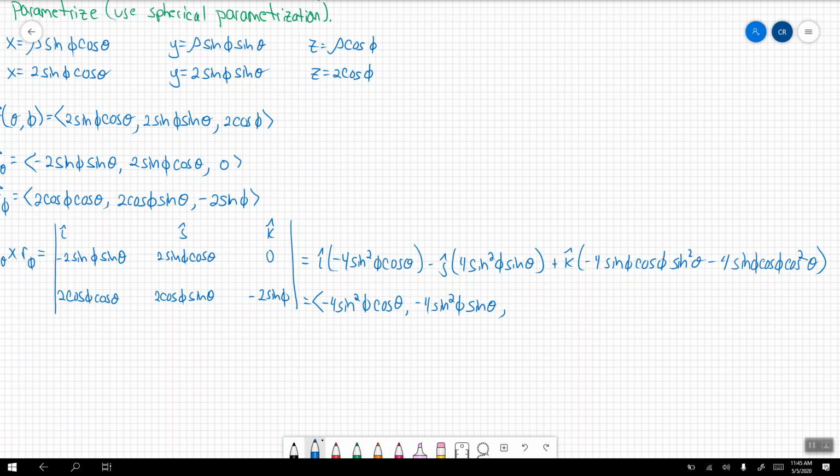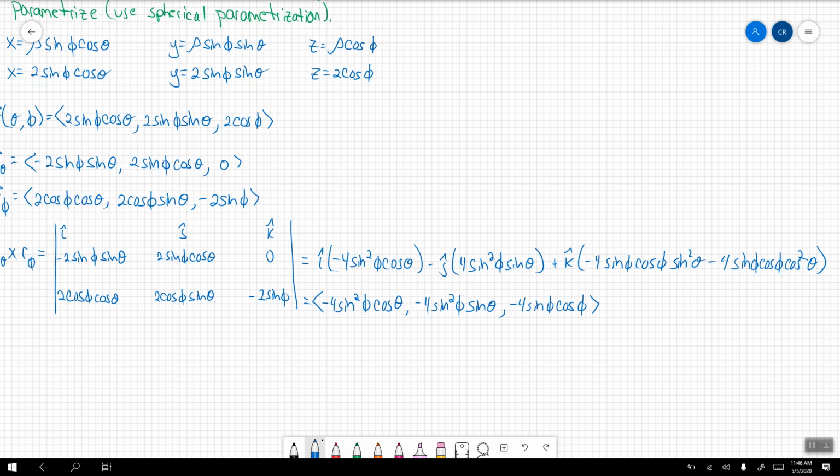And for the last component, notice that we can factor out a -4 sine phi cosine phi from both terms, and that's going to leave us with sine squared theta plus cosine squared theta, which is a Pythagorean identity of 1, which means my last component is -4 sine phi cosine phi.